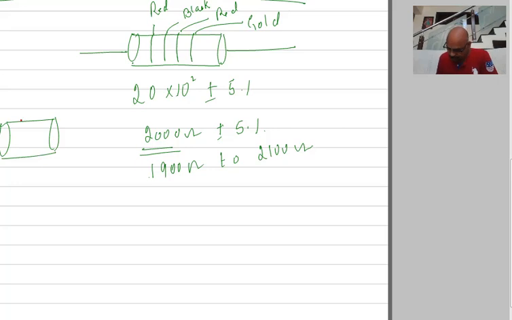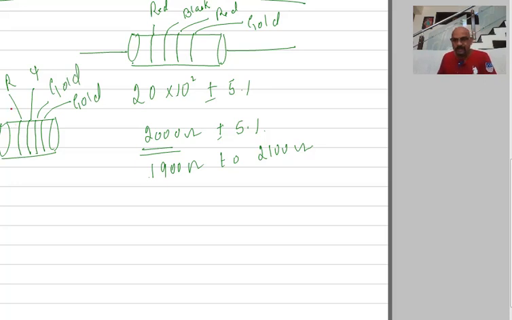Colors, say for example red, yellow, gold, and again gold. That means the third band is gold, fourth band is also gold.